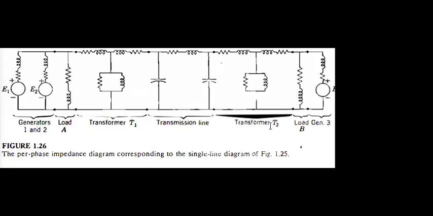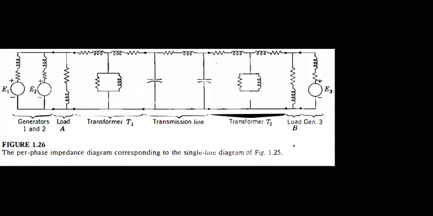And on the right side we have the transformer again, like T1, here it is T2, and this has the load side, which is B, load side RL, and the generator configuration, like the left side: two generators on the left side, one generator on the right side.